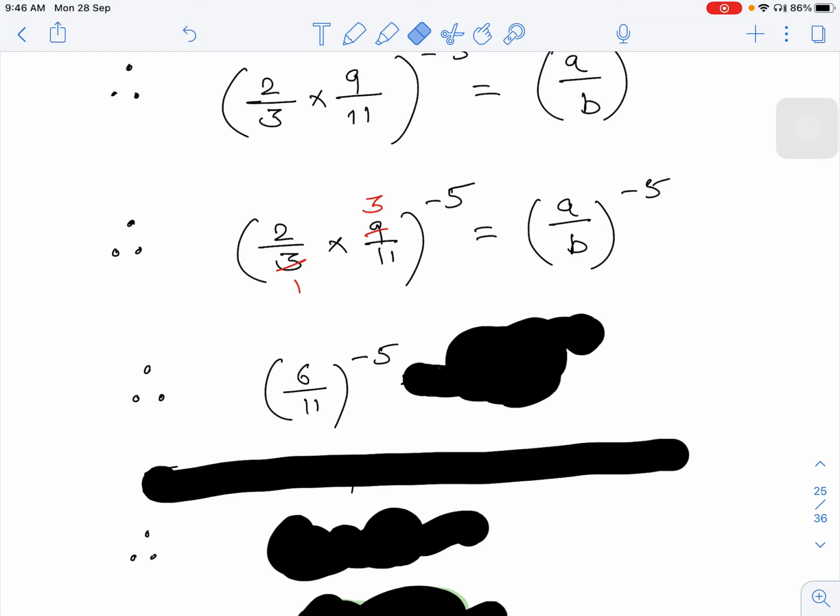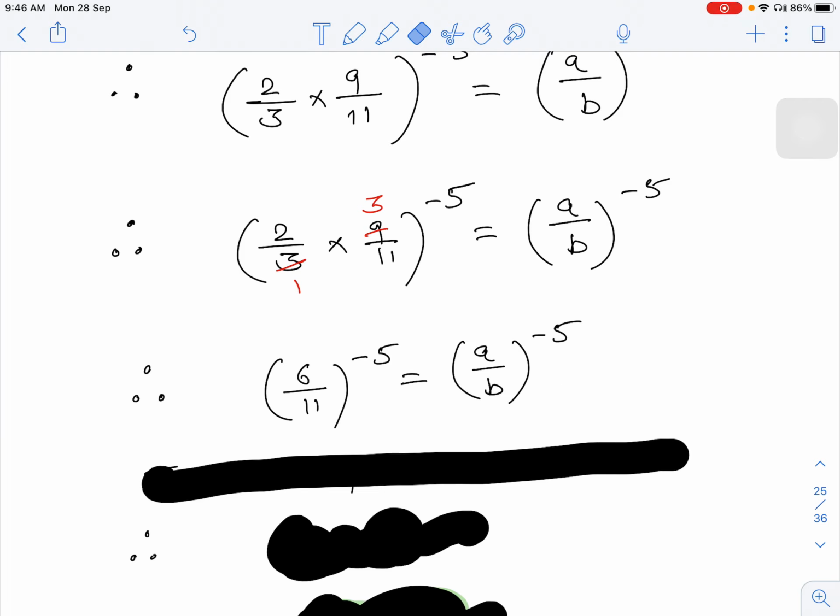Now in the next step, what do you get? 2 threes are 6, 11 ones are 11, so (6 upon 11) raised to minus 5 equals (a upon b) raised to minus 5. Now here it can be seen that on both sides of the equal sign there is only one number, and both of them have the same power.